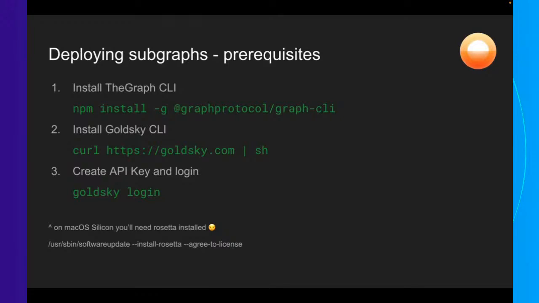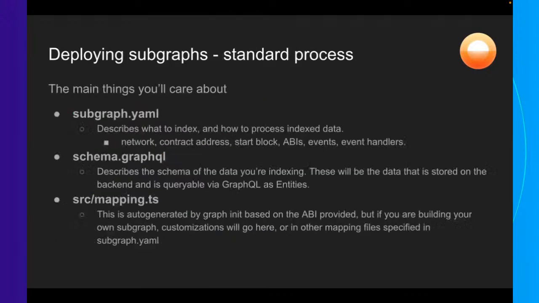For example, if you are doing some sort of Uniswap-like contract, a lot of people just go to GitHub, read the code, modify it a little bit, and deploy it onto the network. So when we use the CLI from the Graph, you will see that it creates a scaffolding, some sort of structure of documents for us to work on, which we'll have to deploy onto Goldsky.